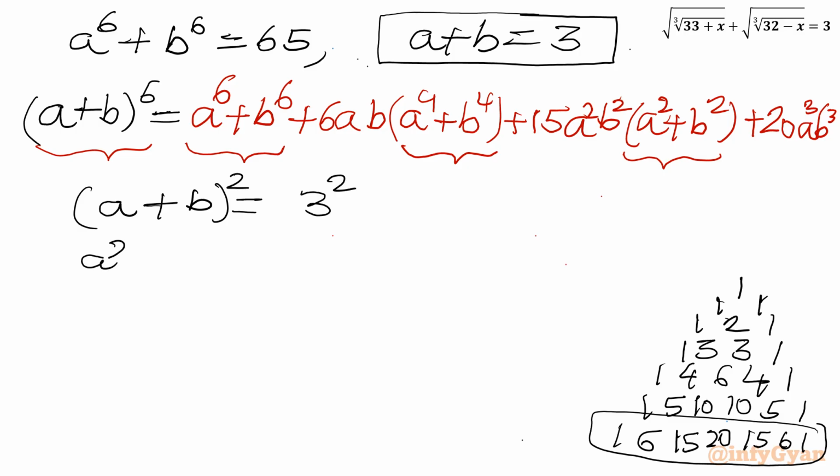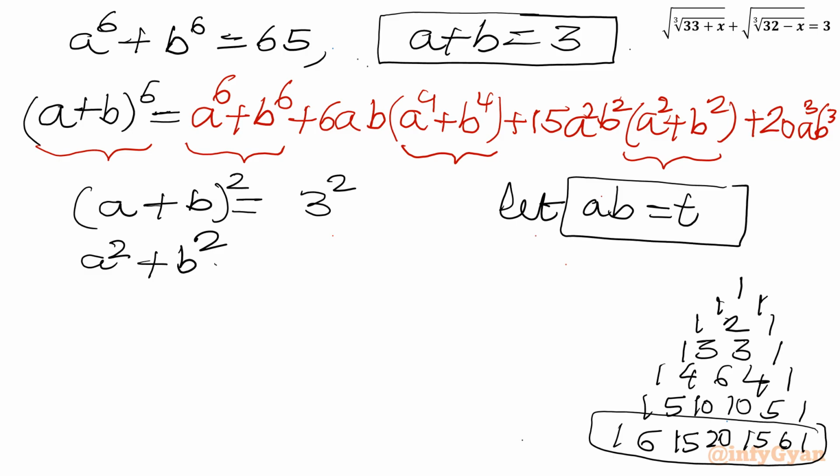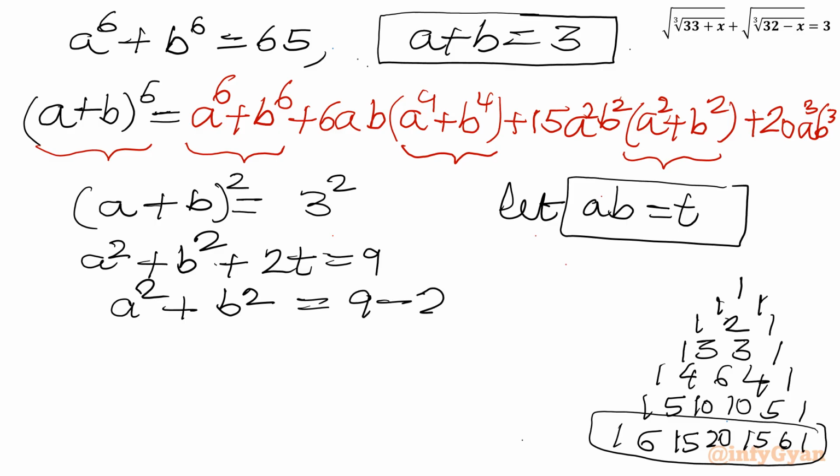So I will write a square plus b square plus 2ab, and let us also consider ab equal to t. So I will write here plus 2t equal to 9. So from here I will be having a square plus b square value. This will be equal to 9 minus 2t, which we will use directly here.